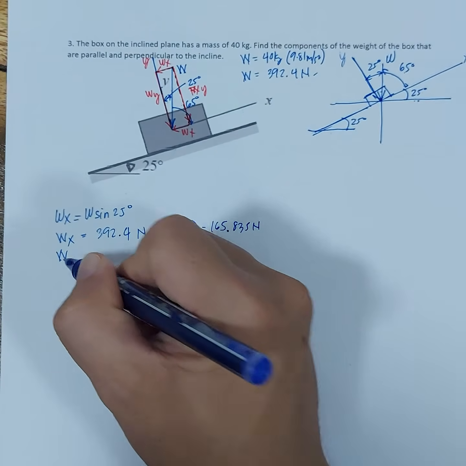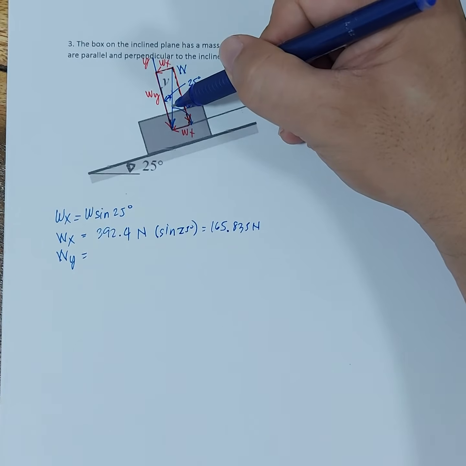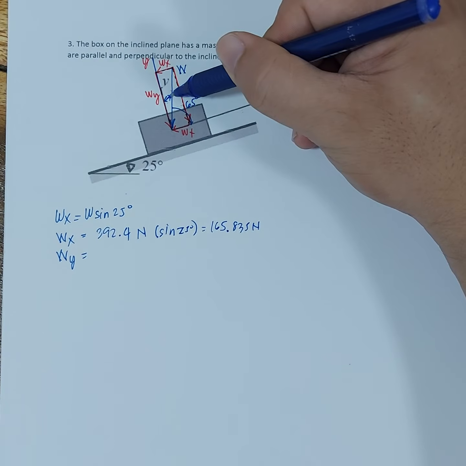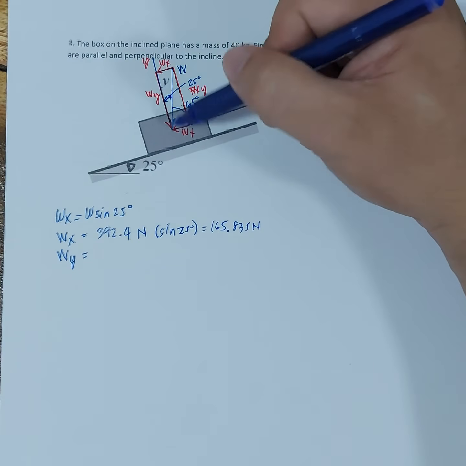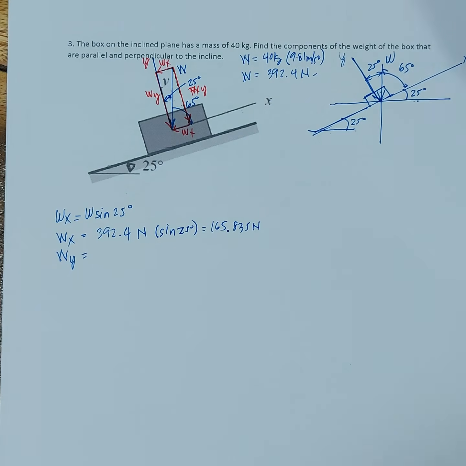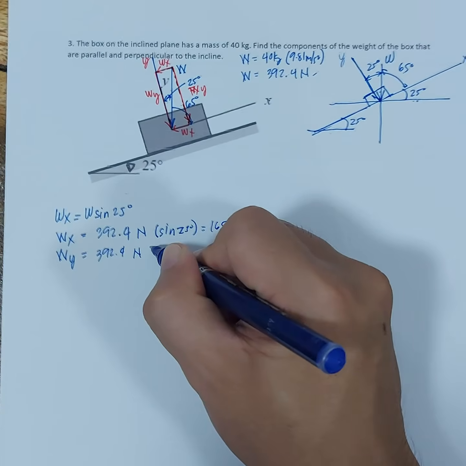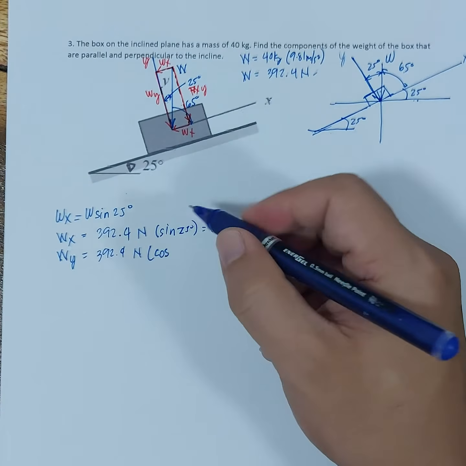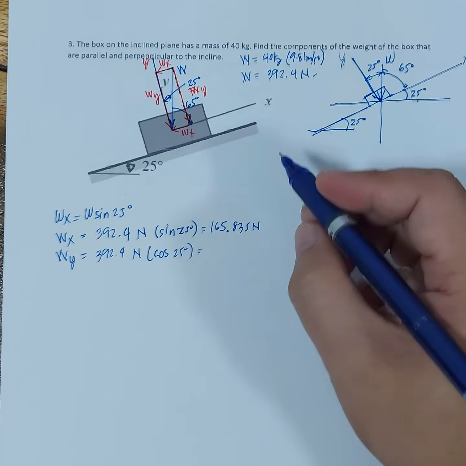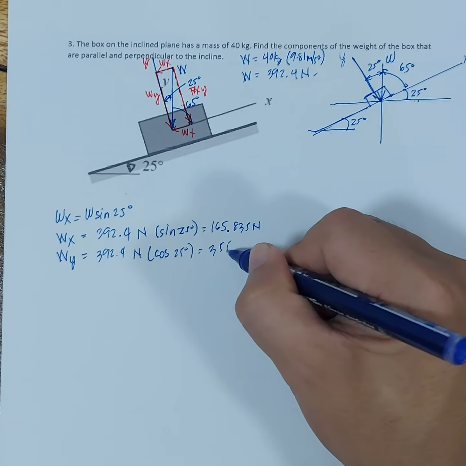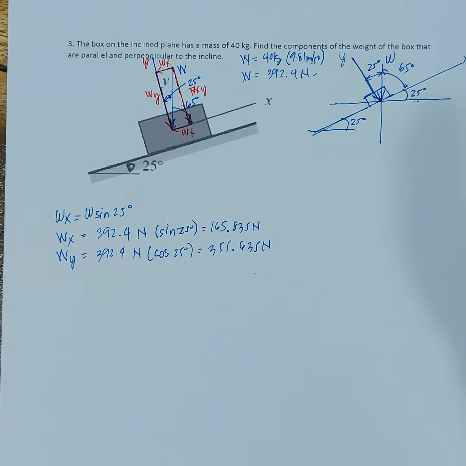And then the component of the weight along the y-axis, given yung angle natin dito, so adjacent side siya. So pag adjacent, we're going to use cosine. So we have 392.4 newtons times cosine of 25 degrees. That is equal to 355.635 newtons. Okay? So yeah.